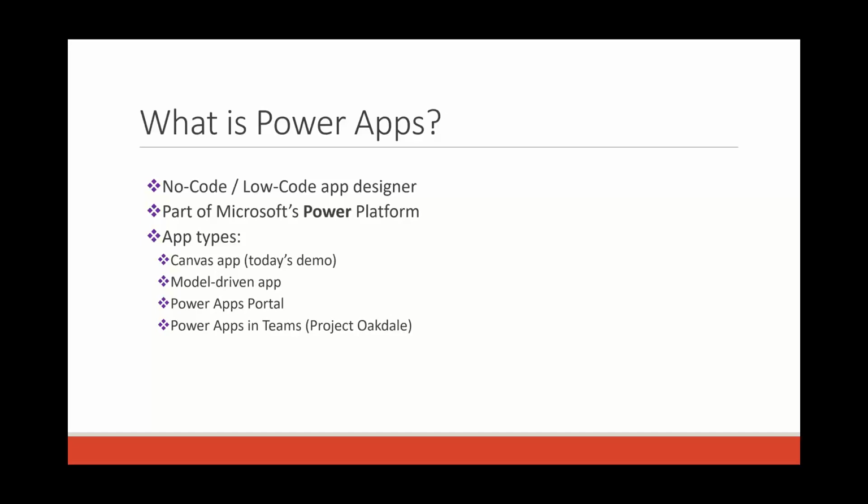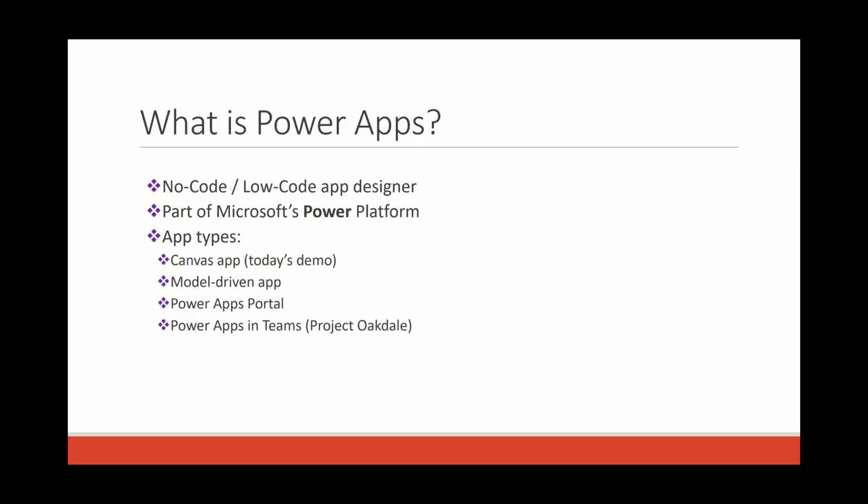So for Power Apps specifically, I'm calling it 4 kinds of Power Apps, really. There are 3 that you'll see on the home screen, but the 4th is kind of a new one. Today we're going to look at Canvas apps, so you'll see a lot about that, but I'll just mention the other ones.